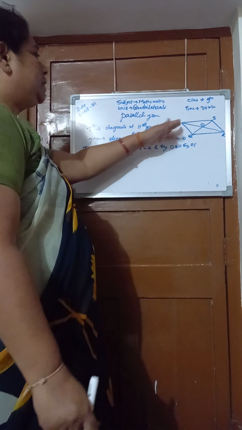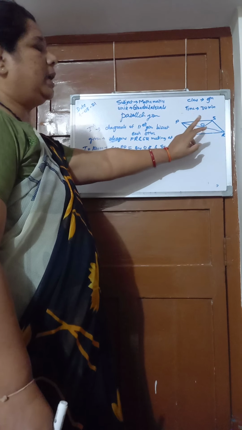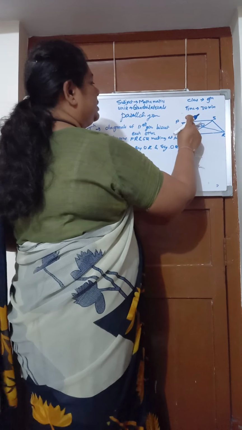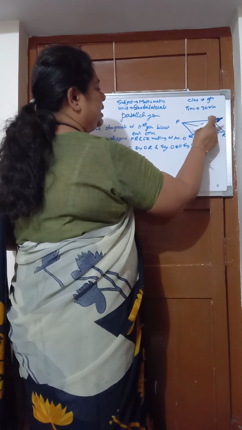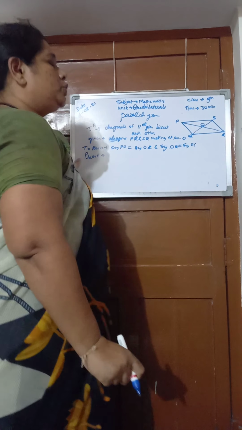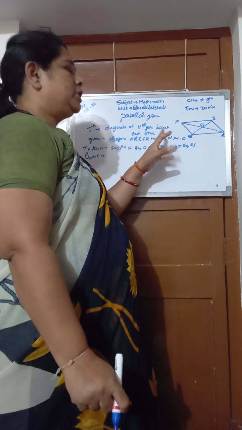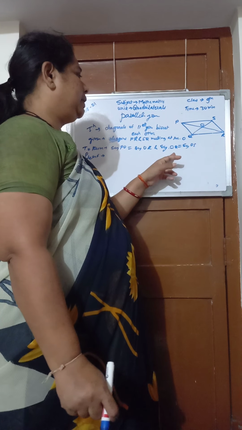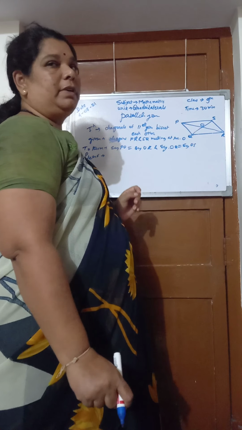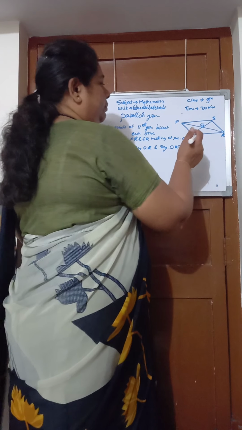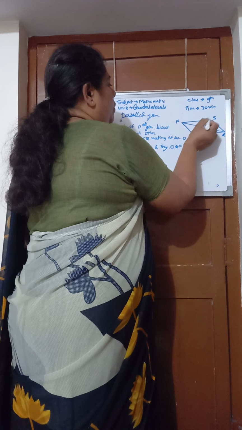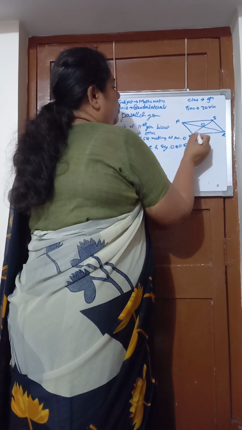What is given? Diagonals meeting at a point O. Okay, and we have to prove this side is equal to this side and this side is equal to this side. Which two triangles consist of these sides, that is PO and OR and OQ and OS? Triangle POS and triangle QOR.